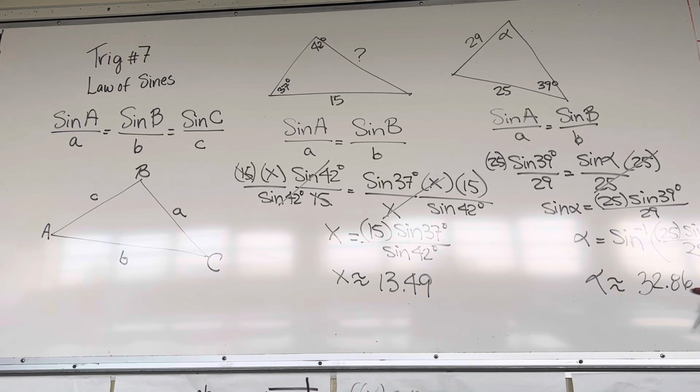Who hasn't got it yet? Okay. In this sequence here, do 39 sine times 25 equals, then divided by 29 equals. You do second sine -1.